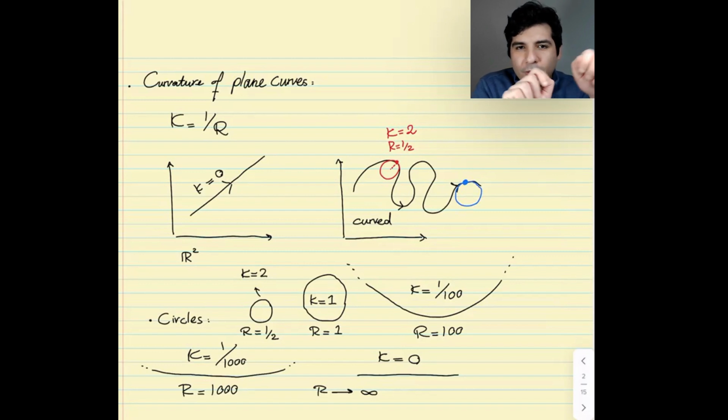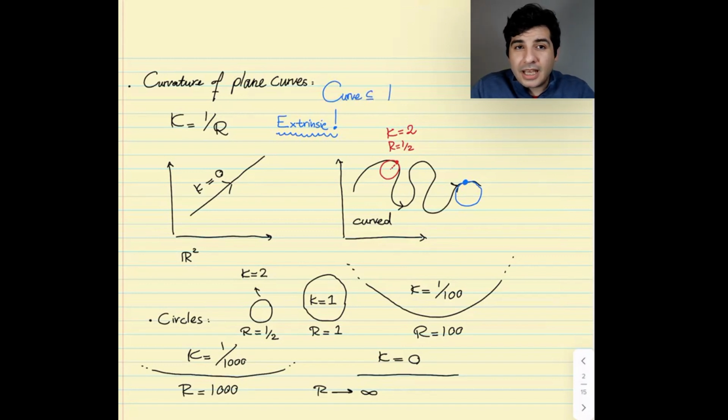Locally, the circle is very, very close to the curve. I'm not making this very rigorous, but loosely speaking, you can find a circle there to approximate your curve there. And then the curvature of your curve at that point would be 1 over the radius of that circle.